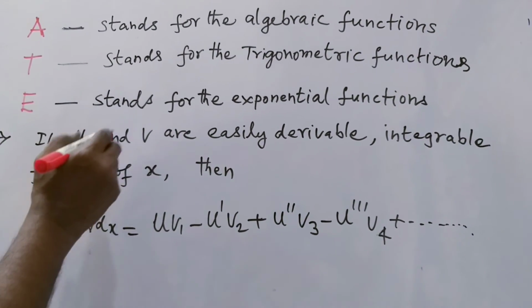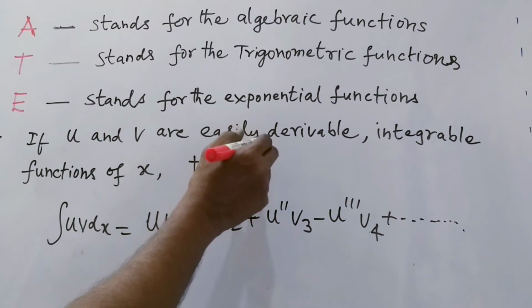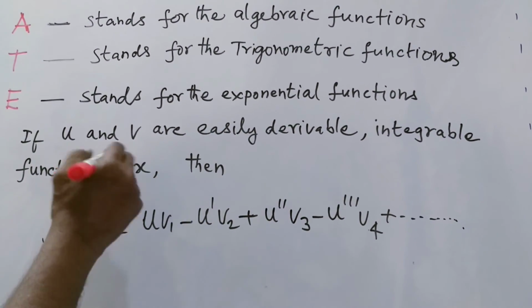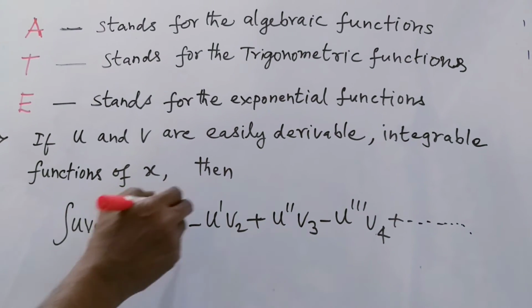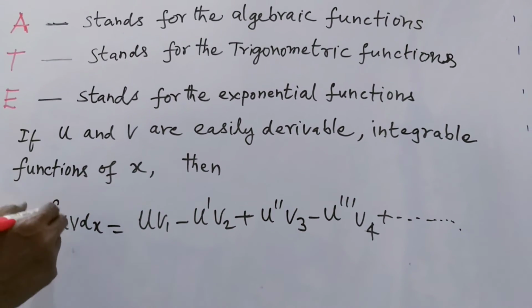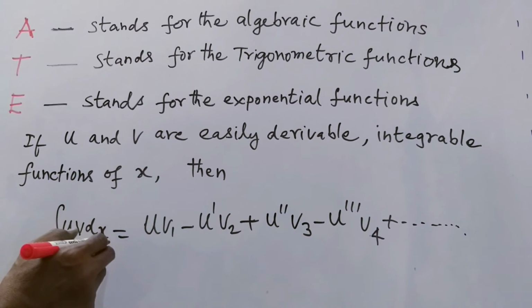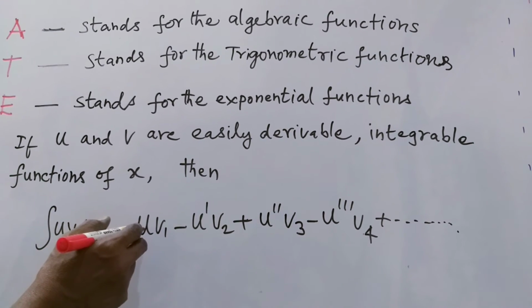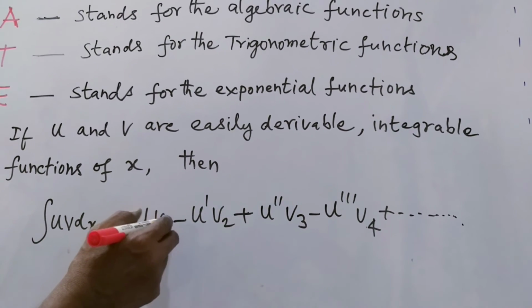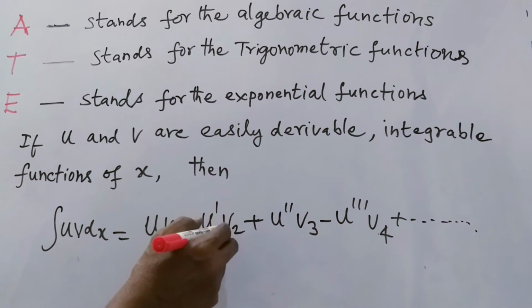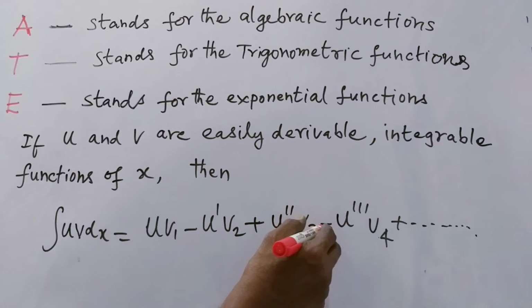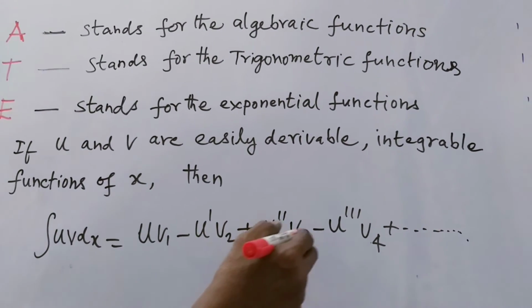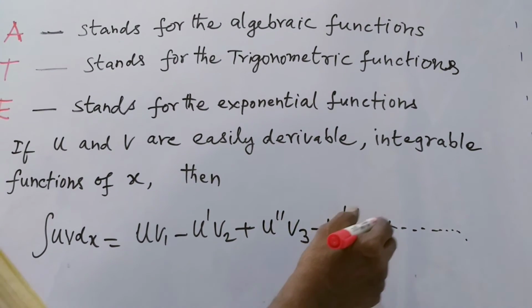Here u and v are easily derivable and integrable functions of x. Then we can have it like this: the integral of uv dx is equal to u into v1 minus u dash into v2 plus u double dash into v3 minus u triple dash into v4 plus and so on.